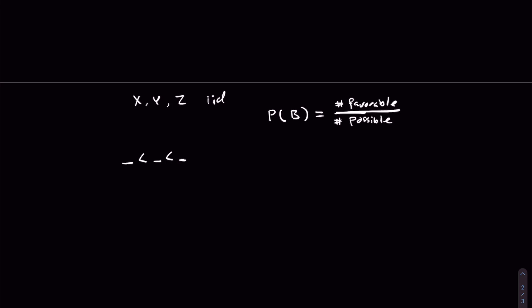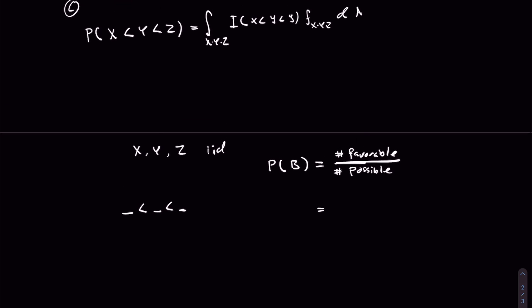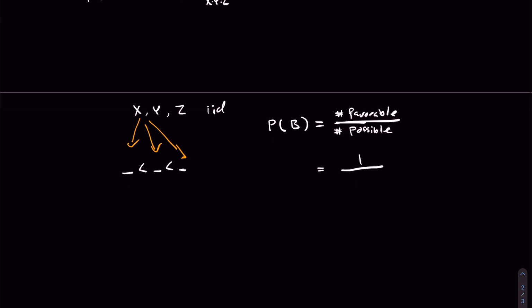Right, that's what we did in the beginning of Stat 110. And what is the number of favorable events? The favorable events we are interested in are the ones where X, Y, Z have this order. So that's just one. For the number of possible events, X could go to any of these positions, so X has 3 options to begin with.